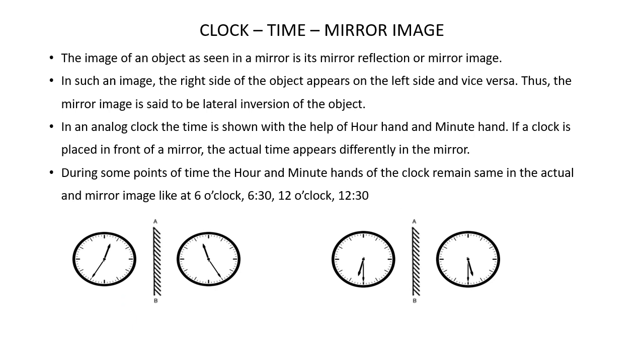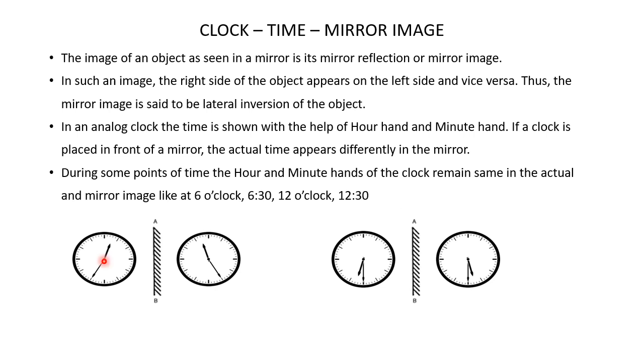First, let's look at this diagram. Here, the clock shows the actual time of 12:35. Here, the hour hand is between 12 and 1 on the right side of the clock. This is the mirror and this is the mirror image. Now, in the mirror image, the hour hand will be between 11 and 12 and appear on the left side of the clock.